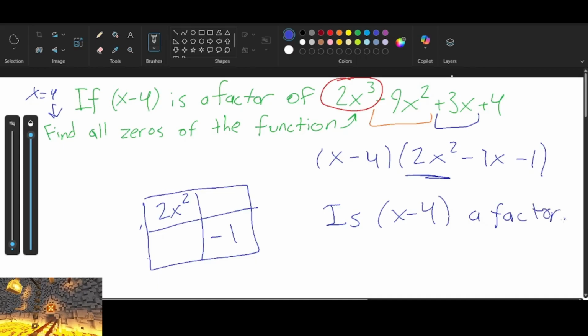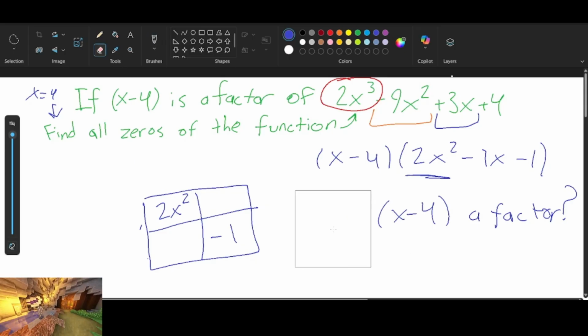So if you're ever asked, is this a factor, or which one of these factors is an actual factor of our function, we can't put our number in the bottom right because we might get a remainder. But I might go over that again a bit later.